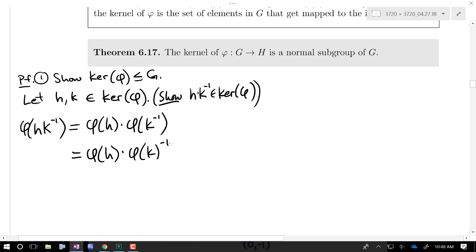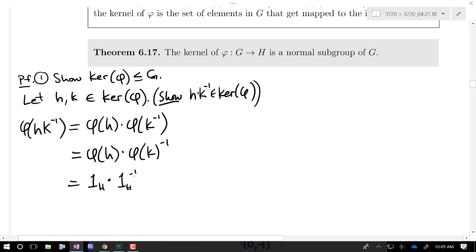But here's the one thing we know: if H and K are in the kernel, we know they map to the identity in H. That is the one thing we know about them. So we know that phi of H has to be 1, our H identity. So this is 1, I'll denote that as 1 sub H, times phi of K, which also has to map to 1. So this is the inverse of 1, of our identity.